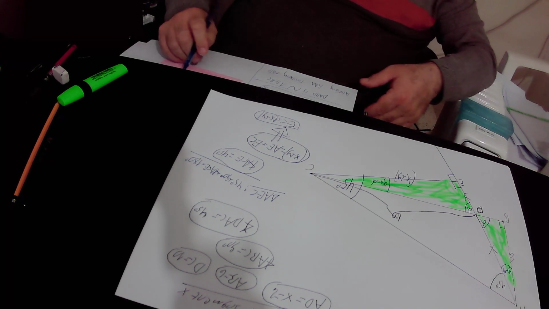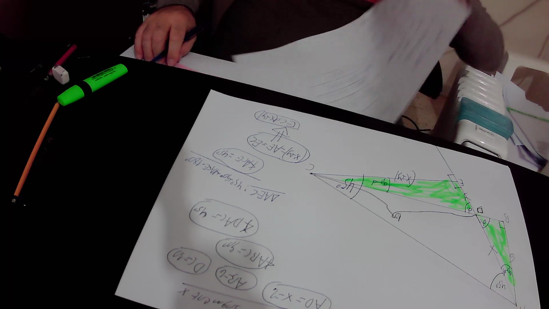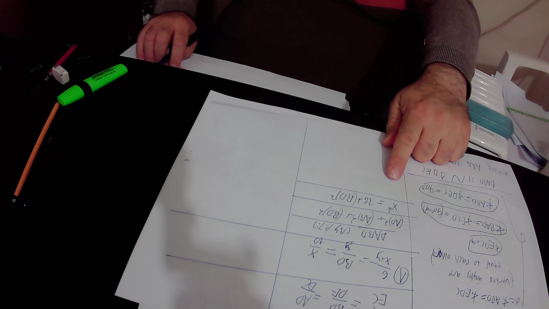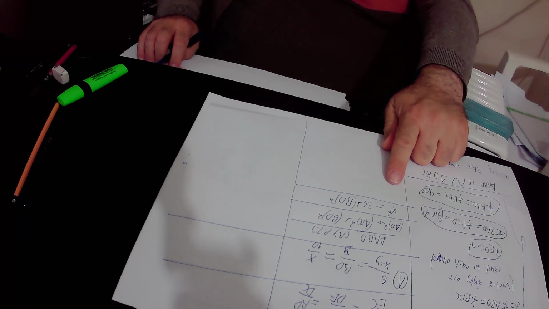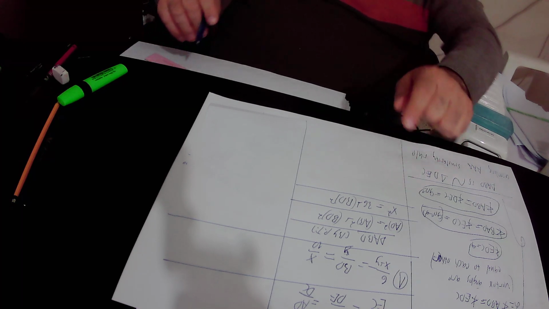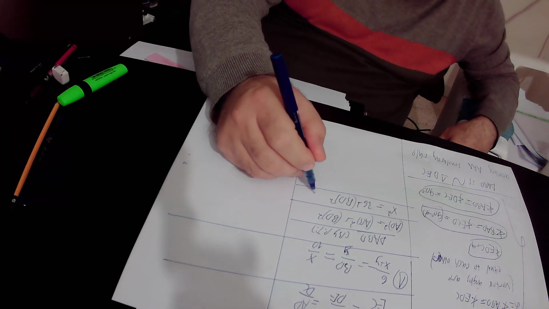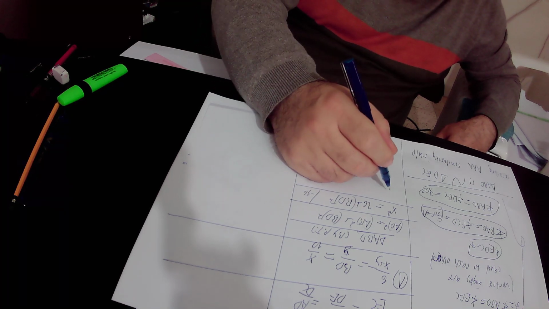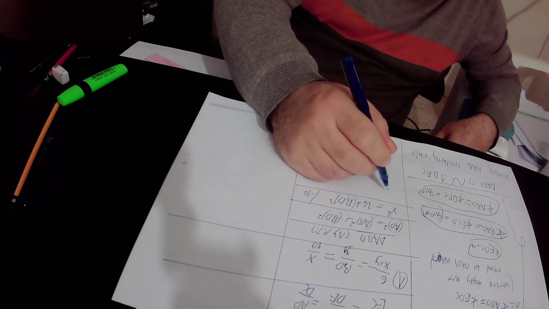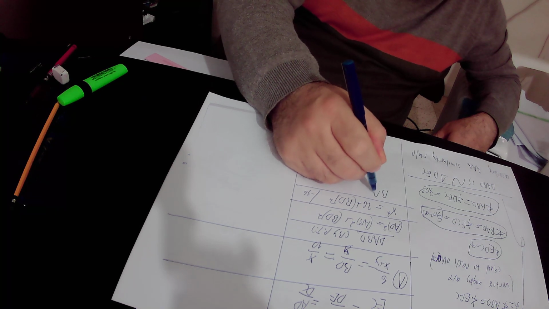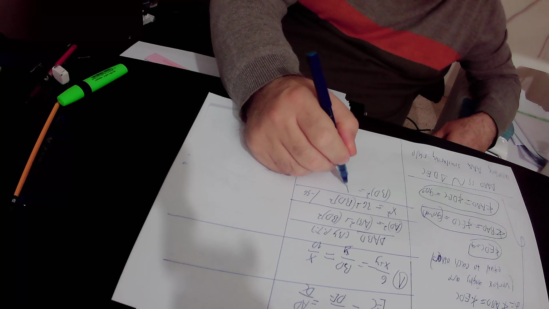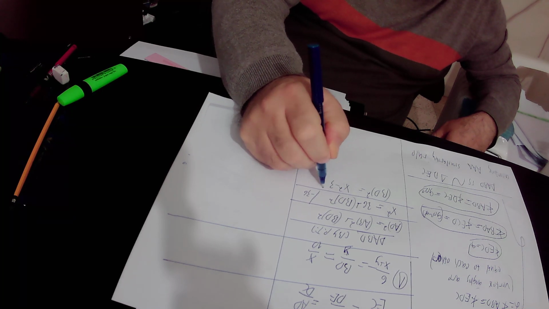So in conclusion, we found out that x squared equals 36 plus BD squared. Here we subtract 36 from this equation, and we get that, according to this equation, BD squared equals x squared minus 36.